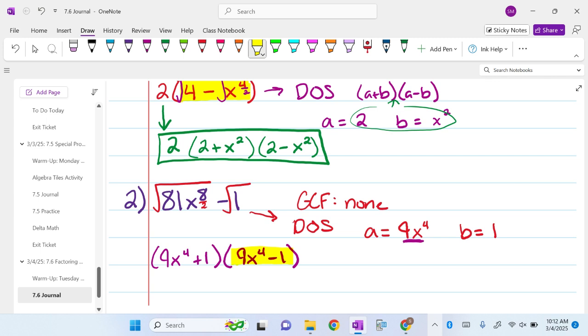So it's in the name: difference of squares. Difference refers to what operation? Subtraction. This is addition. We cannot do a difference of squares with addition. It has to be subtracting. Otherwise, it's not a difference of squares. So 9x to the fourth plus 1 cannot be factored anymore.